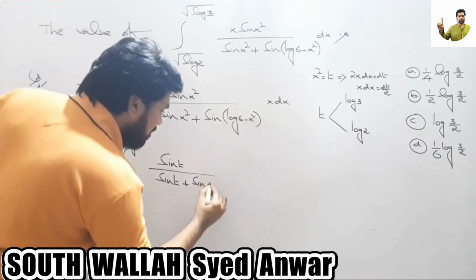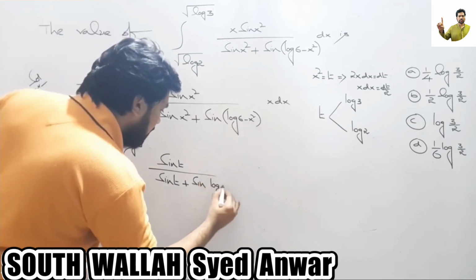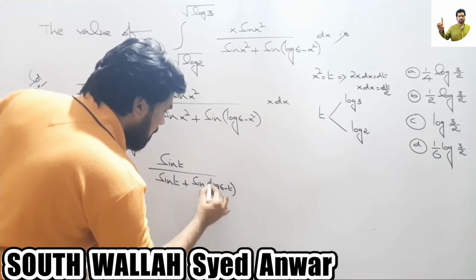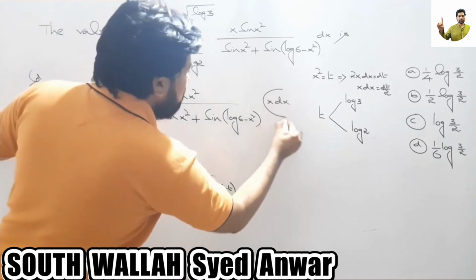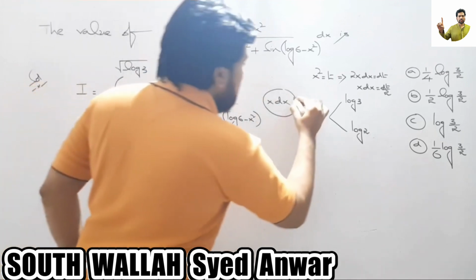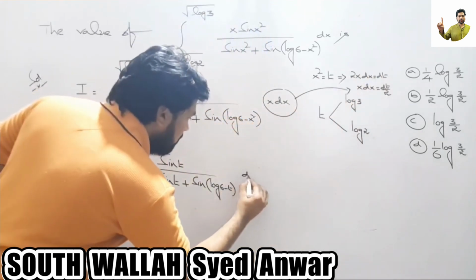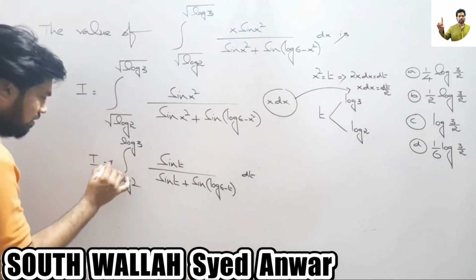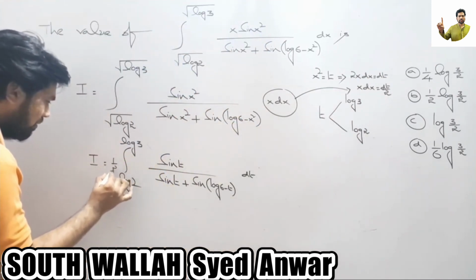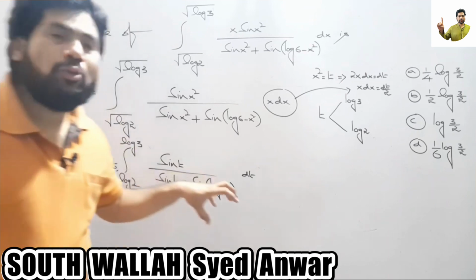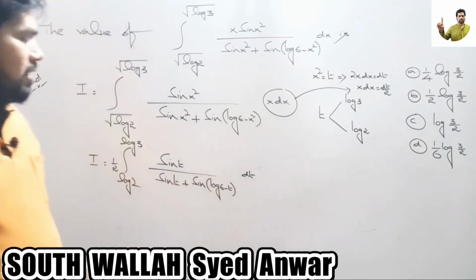In place of x square, I have to write only t. In place of x into dx, I am going to write dt by 2. So dt as it is, and 1 by 2 I will write outside. I hope that you have understood this step very clearly.